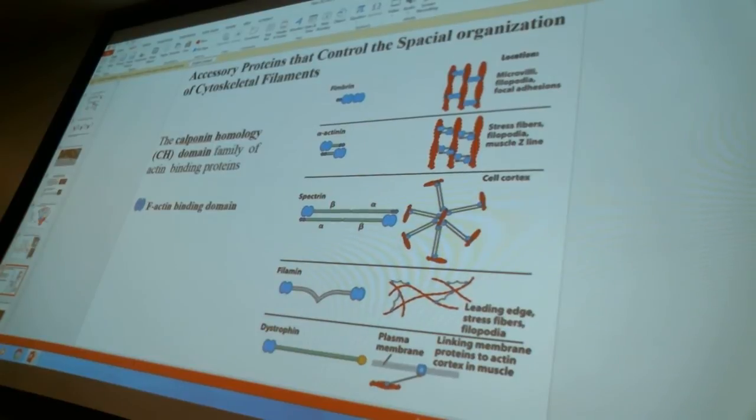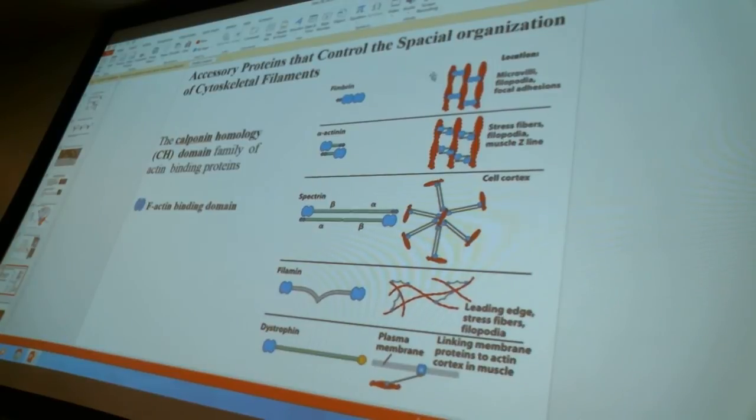And again, to organize and maintain these structures, we have yet more specialized accessory proteins to specifically take care of this spatial organization of the actin filaments. And these are the so-called calponin homology domain family of proteins.